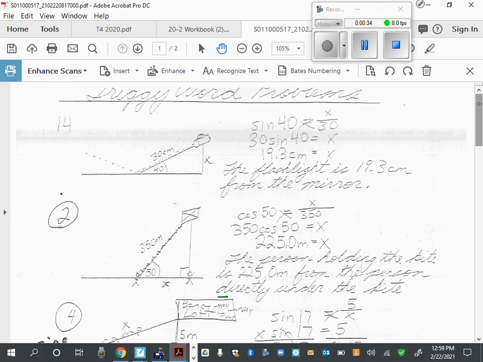Okay, so let's look at this question, and this is a question about a flashlight bouncing off a mirror. And just to get used to the word problem lingo again, what do you think the question said about the light?